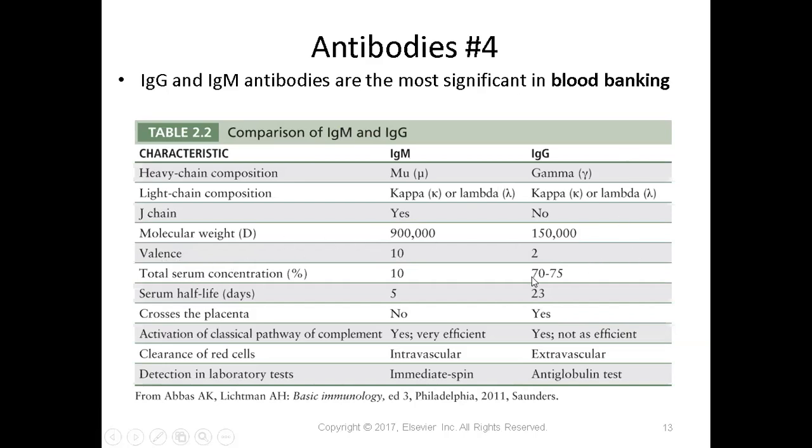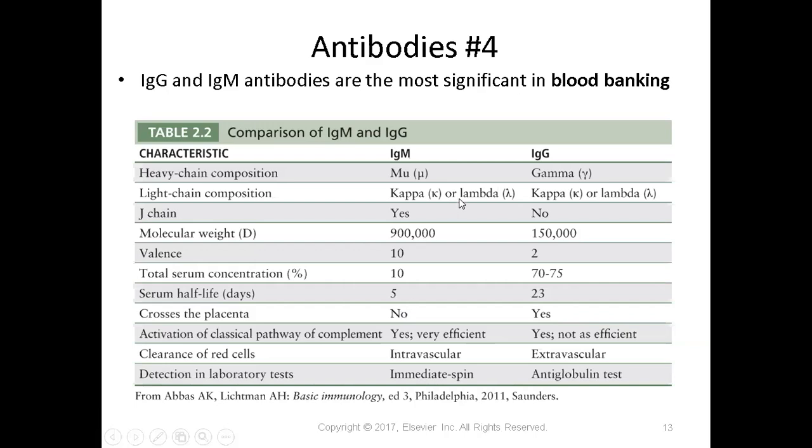IgG is the one that really provides long-lasting immunity. We're going to learn IgM rises and falls very quickly. Something else that's very important is, can this class of antibody cross the placenta from the mother to the baby? When we're looking at IgM, the answer is no. Here's how I remember it.